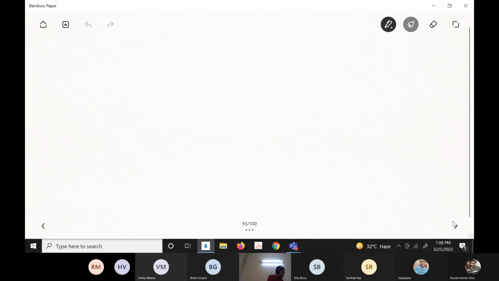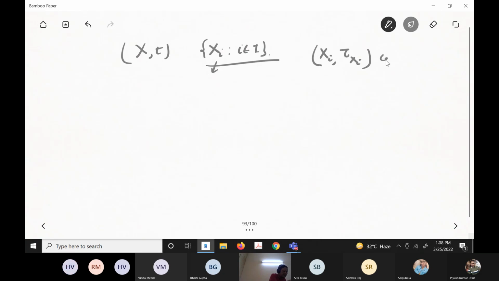I am saying you have a topological space with a chain, and each X_i with the subspace topology is connected. That means a chain of connected subsets, then the union is connected.